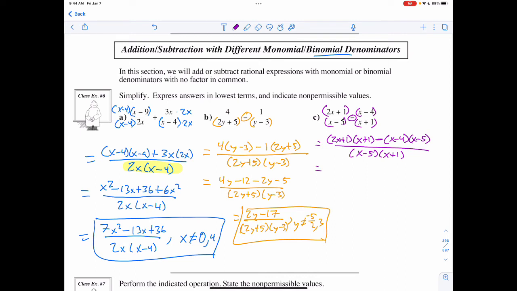I'm going to expand both these out, and I'm going to get 2x squared plus 3x plus 1 minus, and because it's minus, I got to keep this in brackets after I expand it out, x squared plus, sorry, minus 9x plus 20.